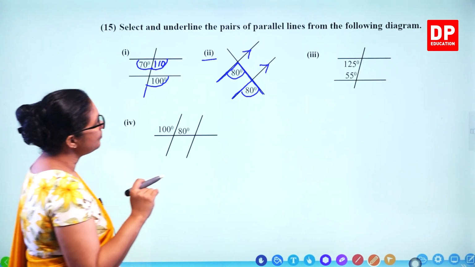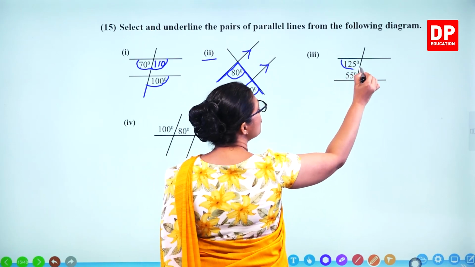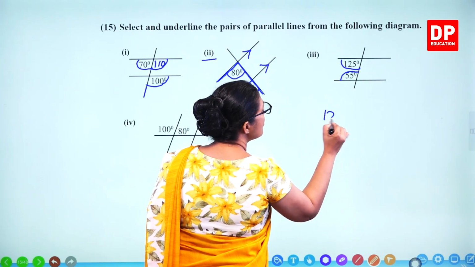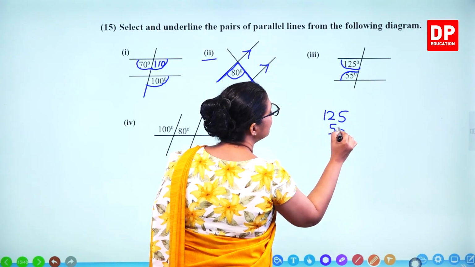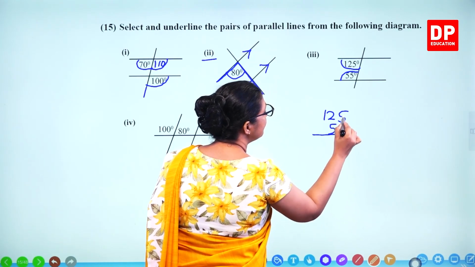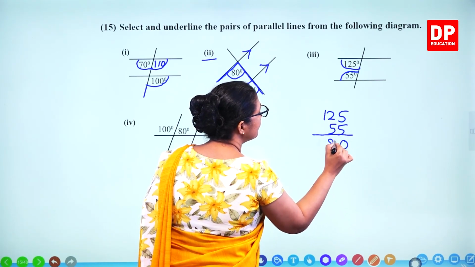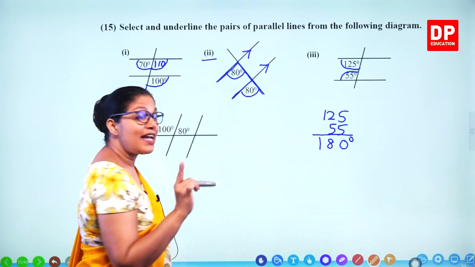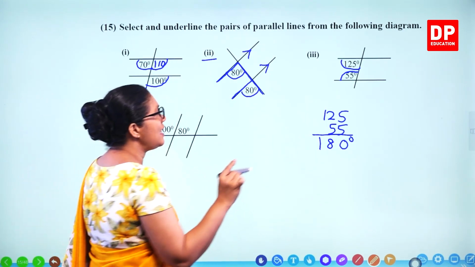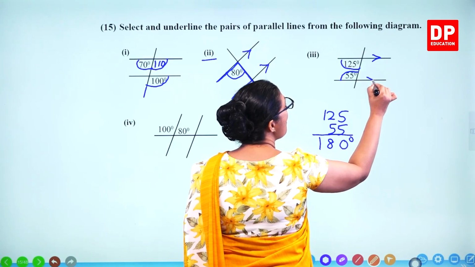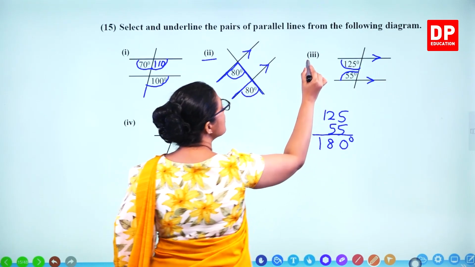Third one. What's the sum of these two angles? 125 and 55. Add them together. 180. Allied angles add up to 180. That means the two lines are parallel. So that's also possible.